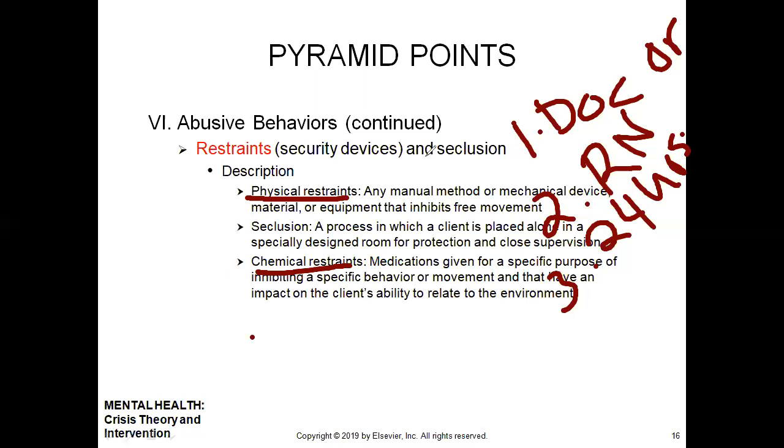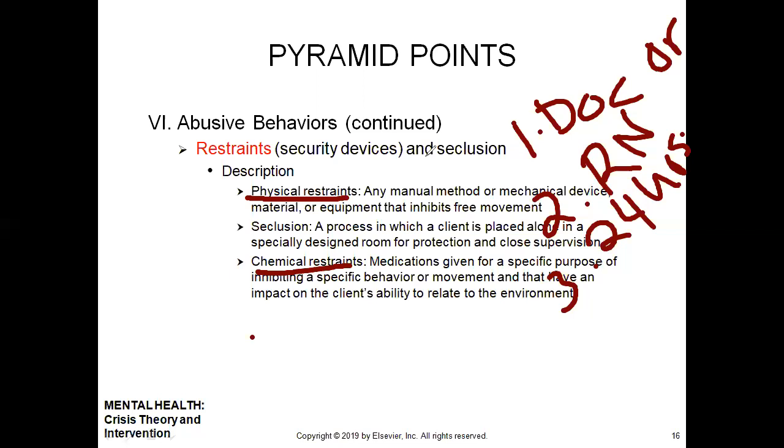The orders can be written for up to 4 hours for an adult, and remove each restraint one at a time every 2 hours. And we have to assess the skin integrity, do a neurovascular check, and provide ROM exercise.